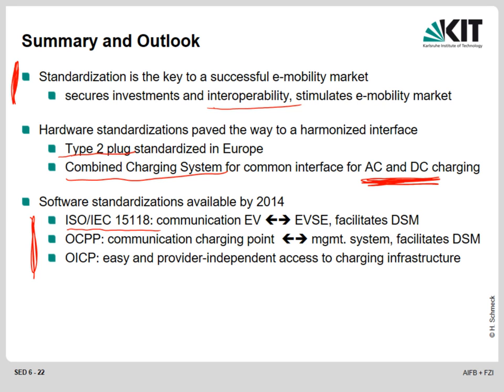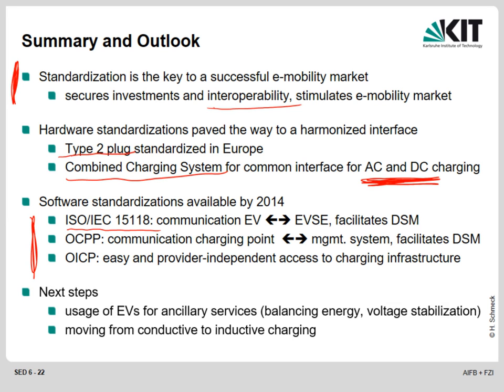So there is quite some potential still there to improve the charging infrastructure. You could also use the electric vehicles for ancillary services, so for balancing energy, for voltage stabilization. You use the batteries in a reasonable way.